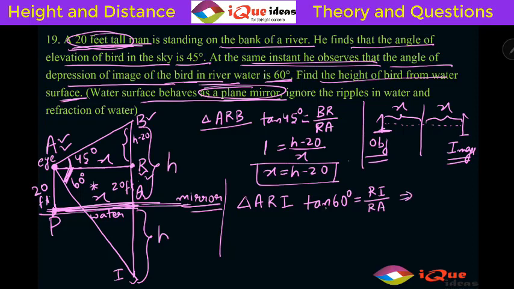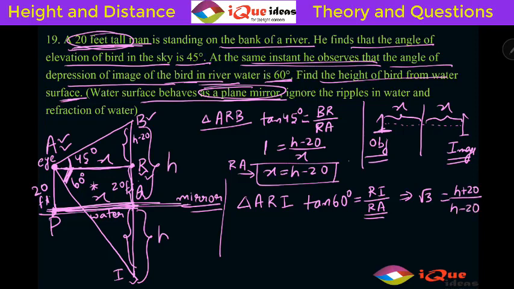From here we get tan 60 degrees is root 3. RI, look at this carefully. RI is RQ 20 plus QI, that is h. So it is h plus 20 divided by RA. We have already calculated RA is X, that is h minus 20.